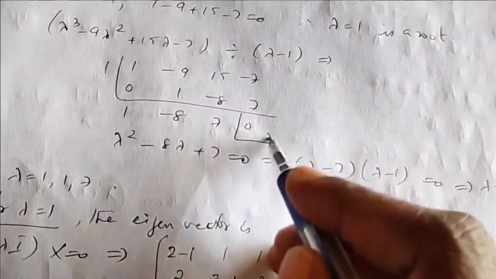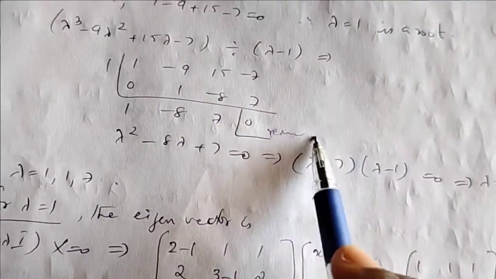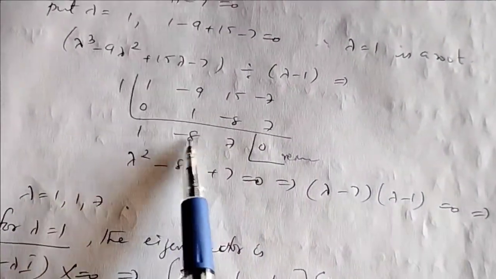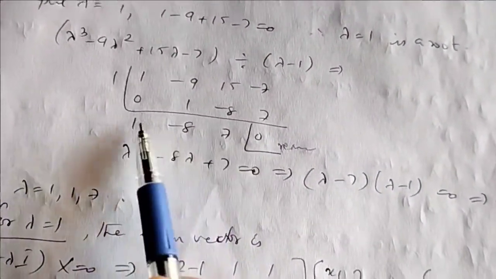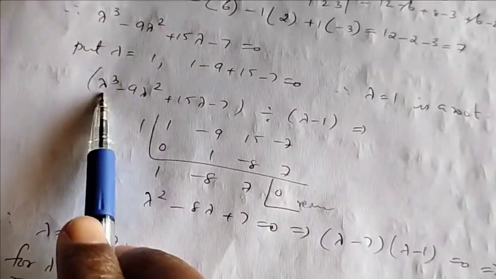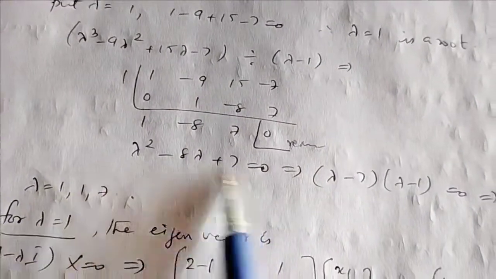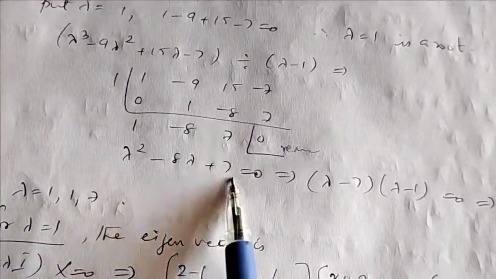This is the remainder. Since it is a factor, remainder is 0. Then 1, minus 8, 7 are the coefficients of the remaining polynomial. This was cubic, so this is first degree less: a second degree polynomial, lambda square minus 8 lambda plus 7 is equal to 0.